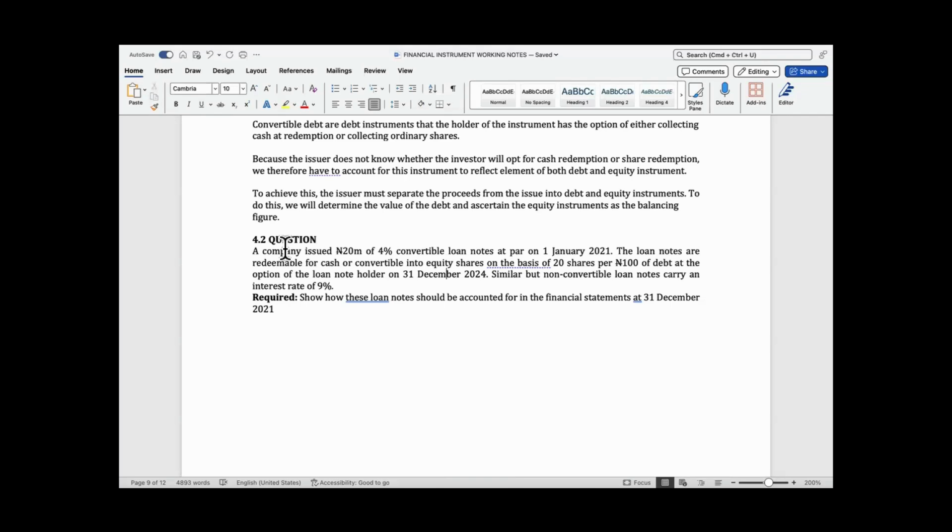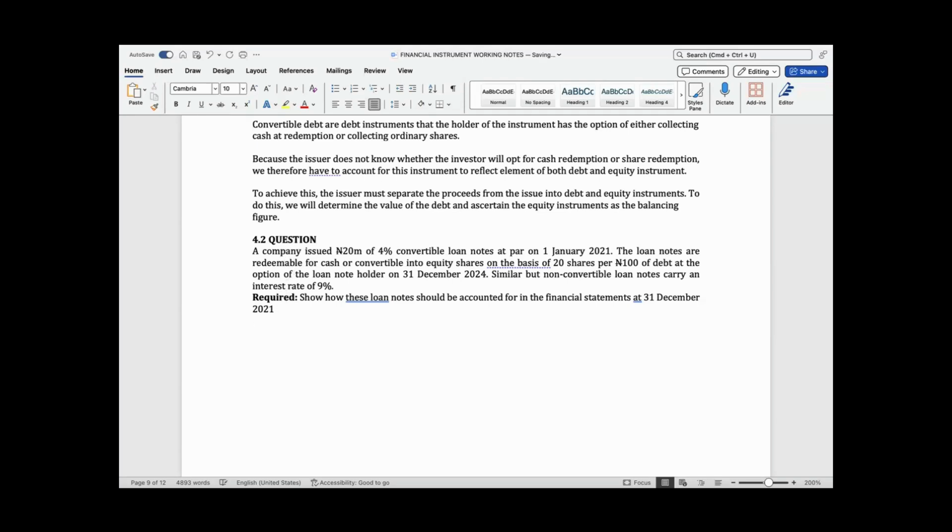Because according to the definition of equity instruments, both in the Conceptual Framework and in IAS 32, an equity instrument is a residual interest in the assets of an entity after deducting all liabilities. So equity is always determined as the balancing figure. So we need to determine the financial liability value first.